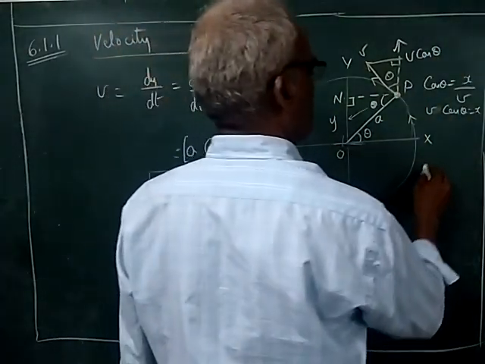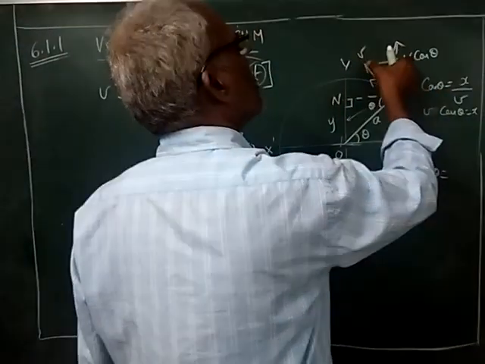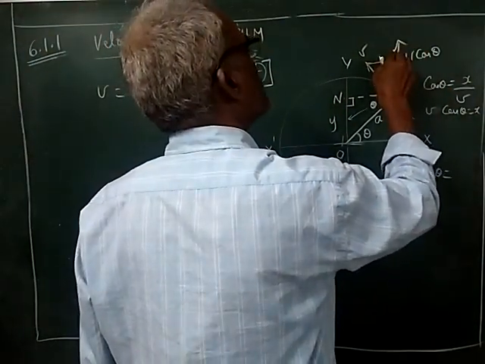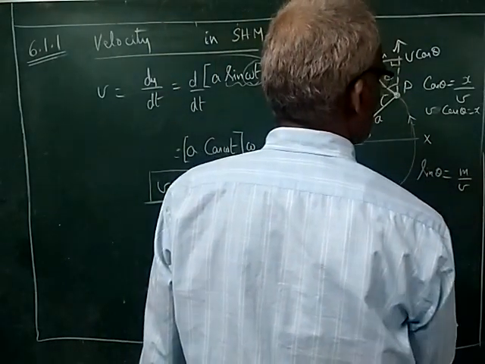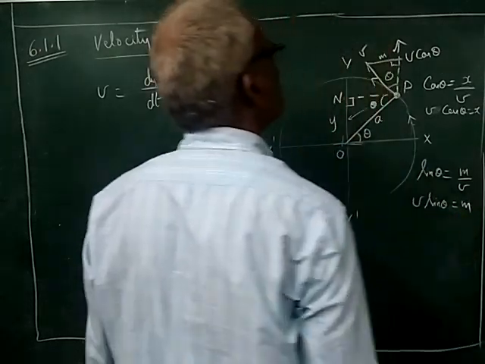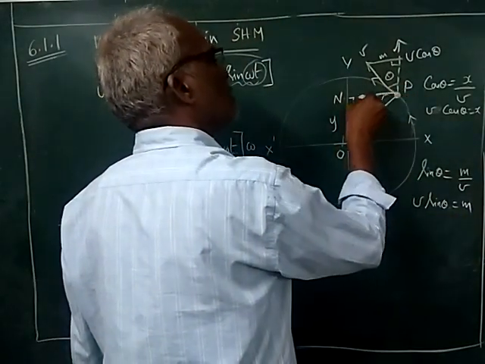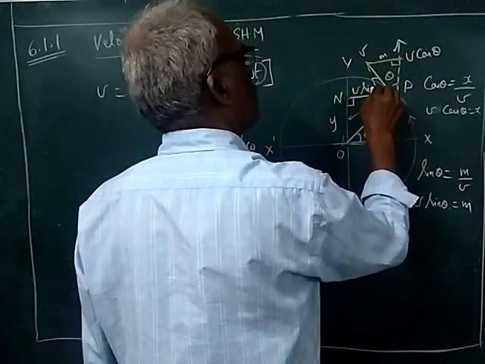Similarly, if you find sin theta, the opposite side I don't know, so I call it m, opposite side by hypotenuse v. So v sin theta is equal to m. So this horizontal component is v sin theta.